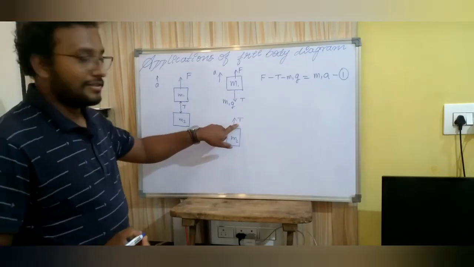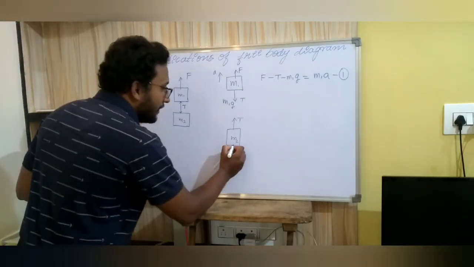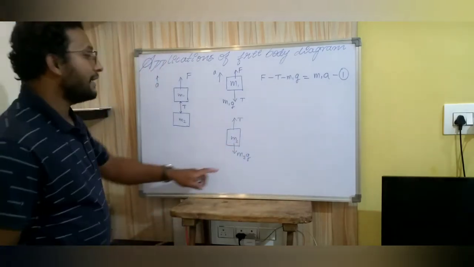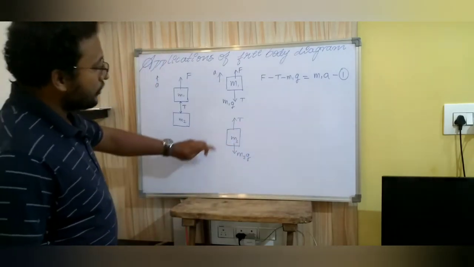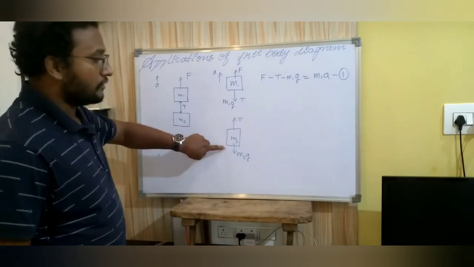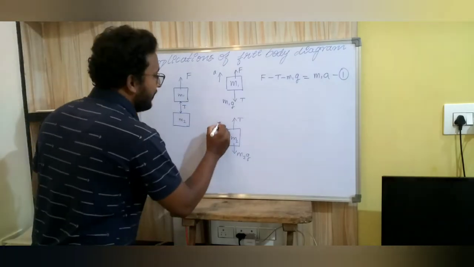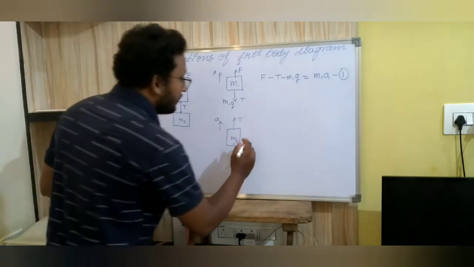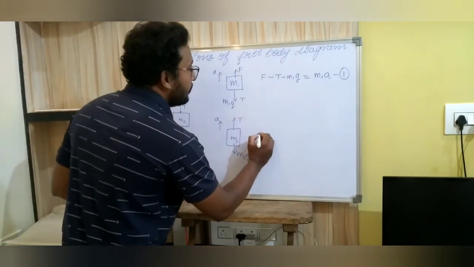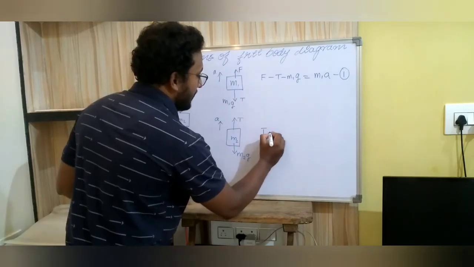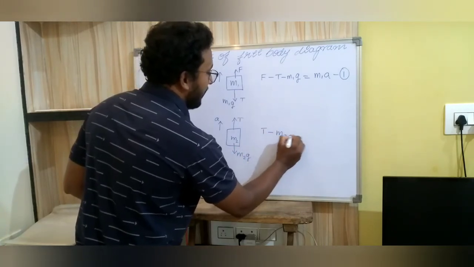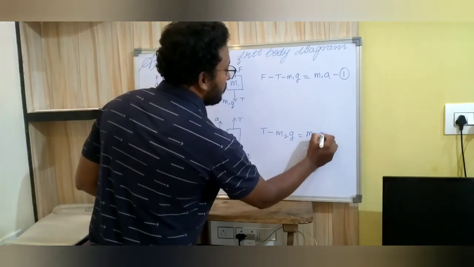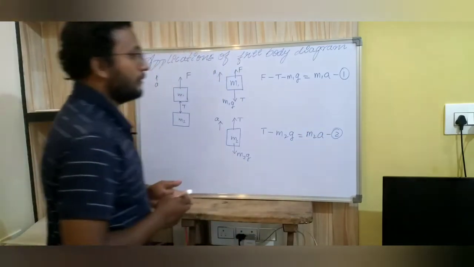Let me call the tension T. The other is the weight of M2 itself, M2 into G. As a result of these two forces, M2 is accelerating upward with the same acceleration A. Therefore, the dynamic equation for M2 can be written as T minus M2 into G equals M2 into A. Let me call this equation number 2.